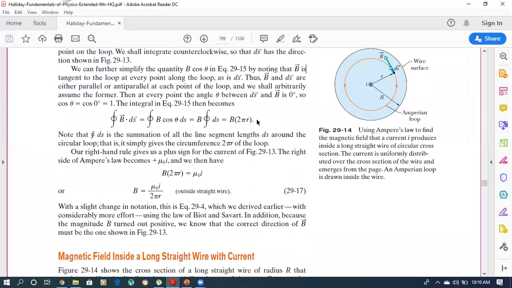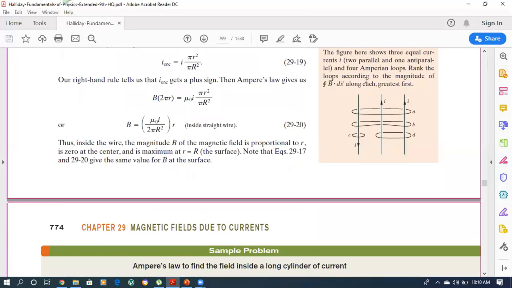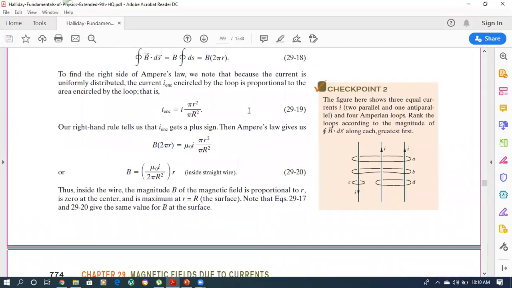If you increase the small radius r, it will carry more current; if you reduce it further, it will carry less. So it depends upon the radius of the Amperian loop and the radius of the wire.